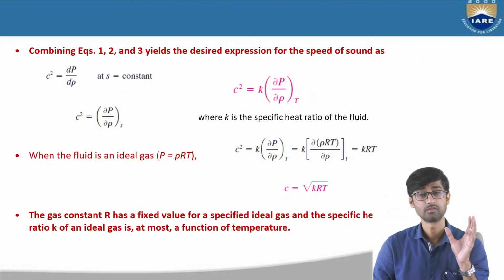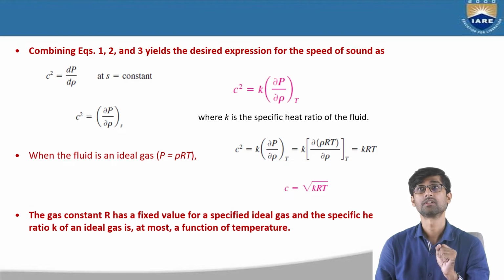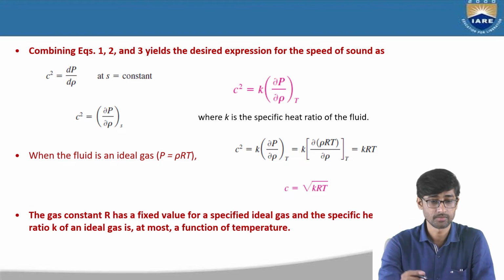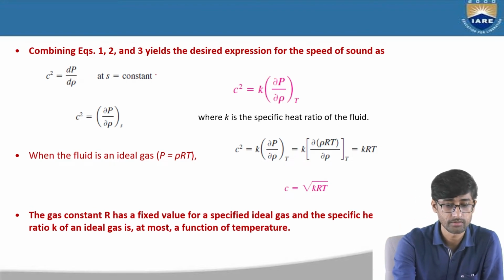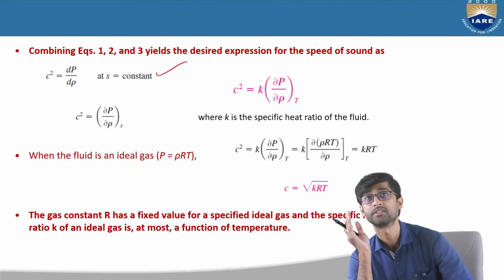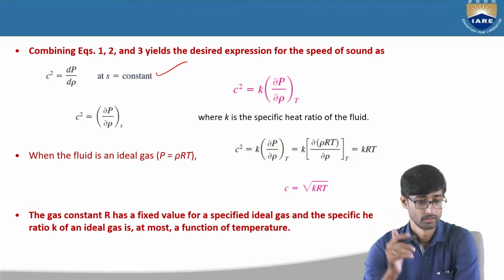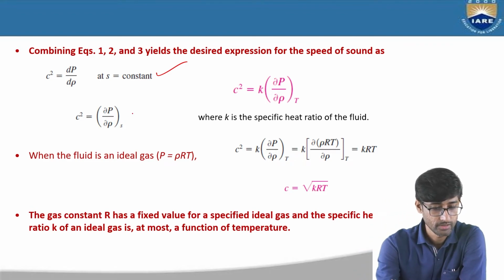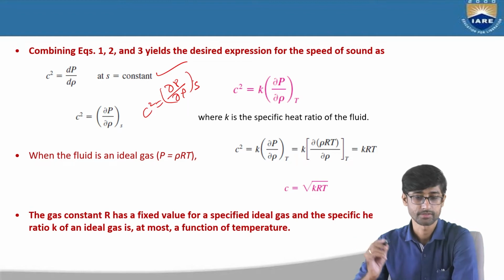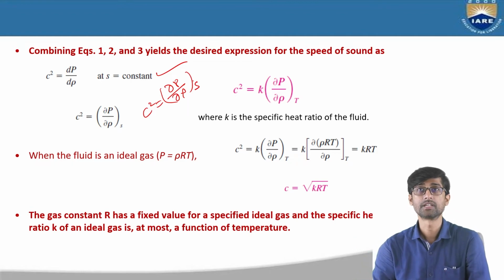Now combining equations 1, 2 and 3 gives the speed of sound. That becomes c square equals dp by d rho at constant entropy, because we are considering the isentropic process. So we can write c square equals del p by del rho at constant entropy.